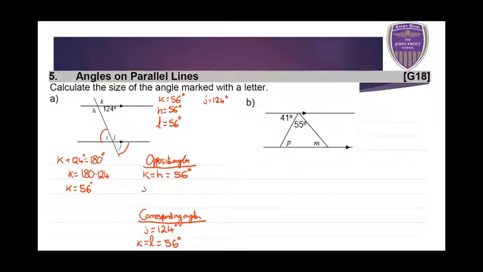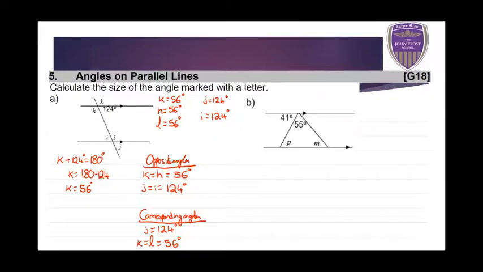Therefore, using the opposite angle rule, J is equal to I. And we know that J is 124, therefore I is also 124 degrees. So I equals 124 degrees. Okay, a lot of steps in that one, so very well done if you followed that explanation.